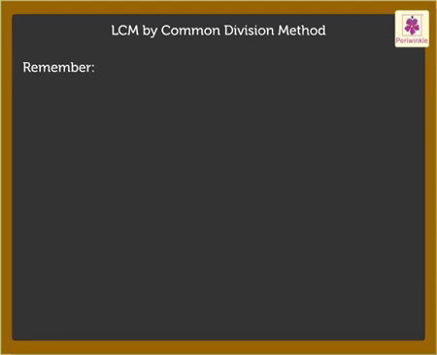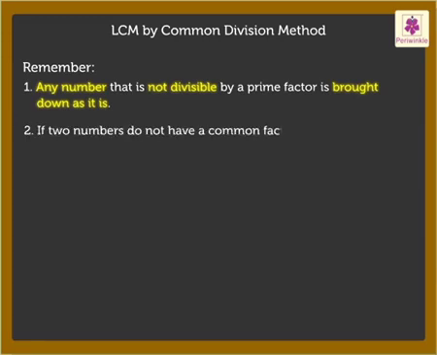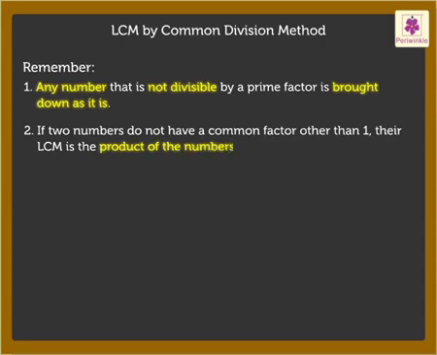Remember, 1. Any number that is not divisible by a prime factor is brought down as it is. 2. If two numbers do not have a common factor other than 1, their LCM is the product of the numbers. 3.